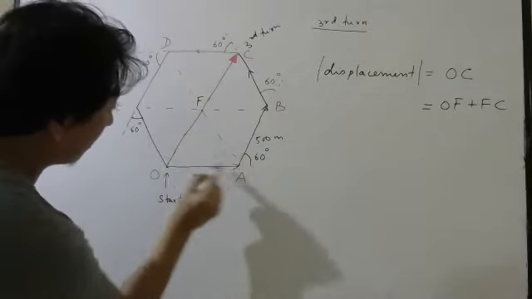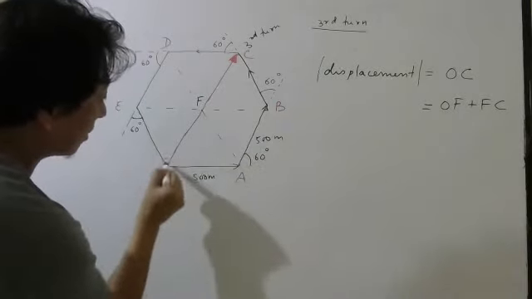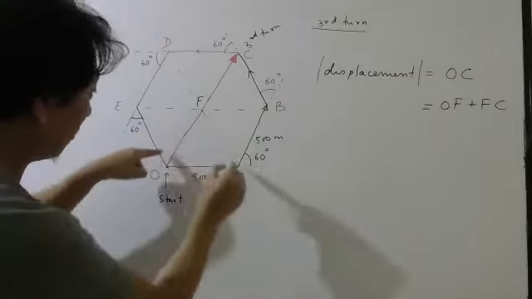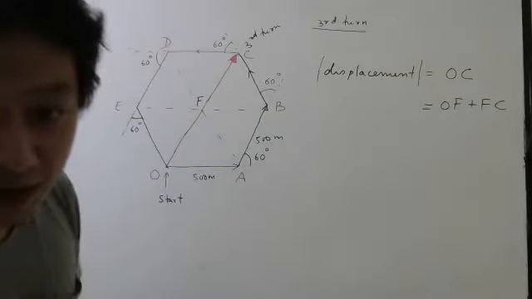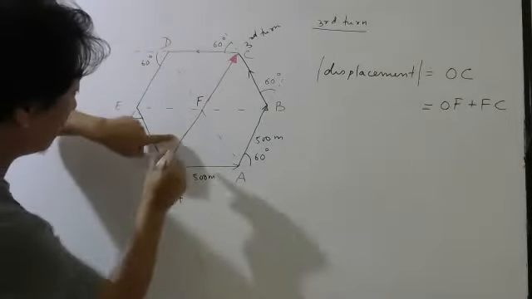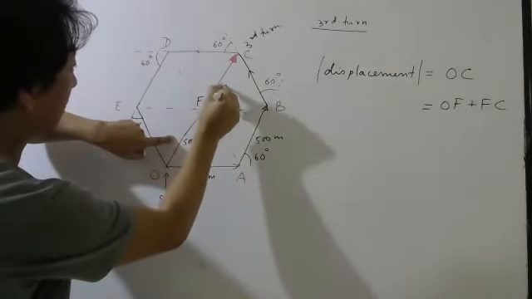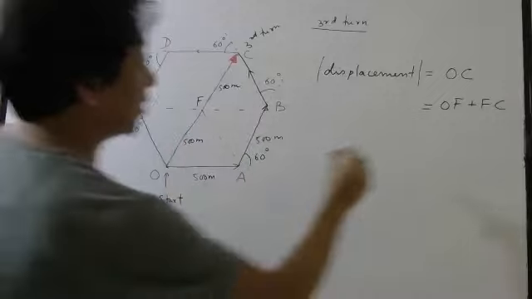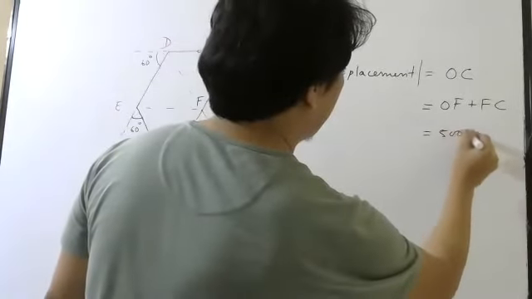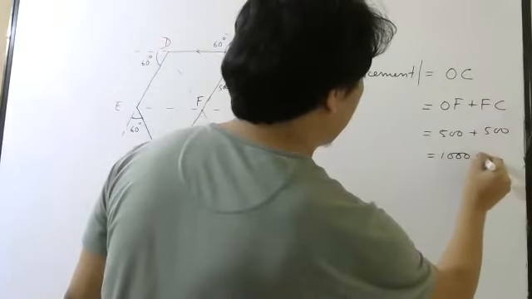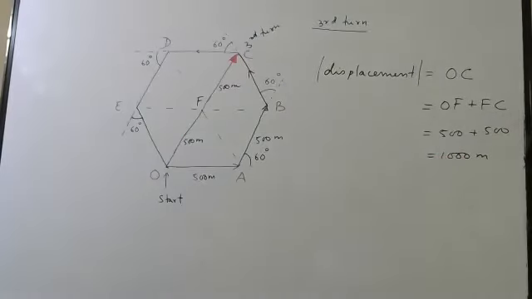So this is what triangle? Equilateral, right? So if this is 500, this is also 500, and this is also 500. So the displacement will be 500 plus 500, which is 1000 meters. Clear, students?